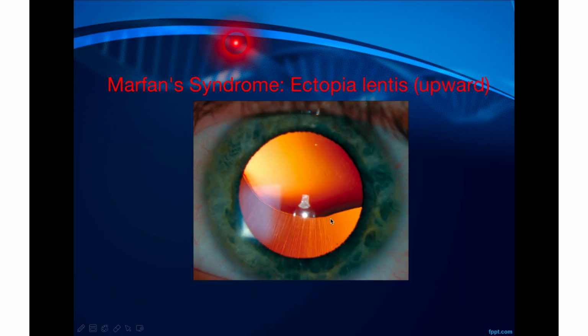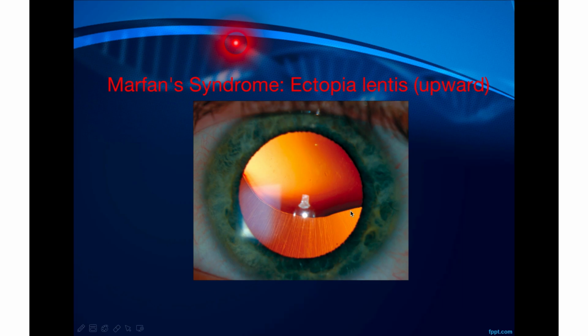Okay, next we're going to look at the one I mentioned before, which is the ectopia lentis, the upward deviation of the lens, as we can see here. It looks like a sun is trying to rise or something like that. So that's that for that.